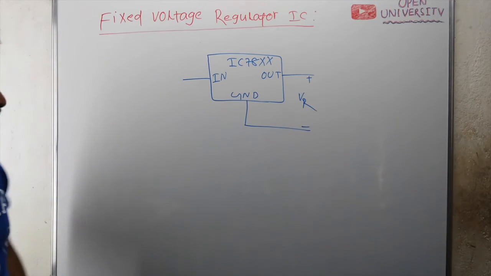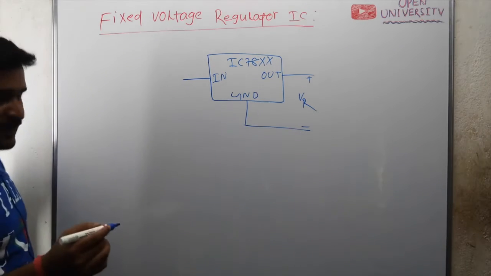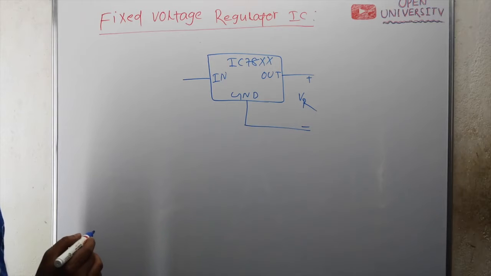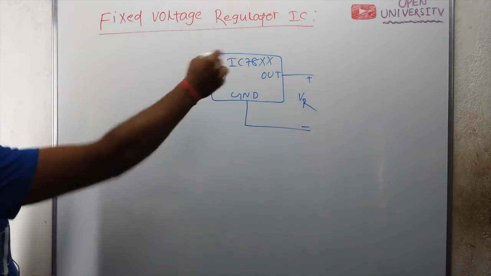These ICs are available in 7 output voltages. What are the possible output ICs available?